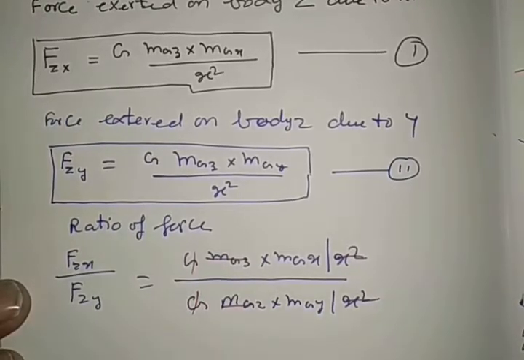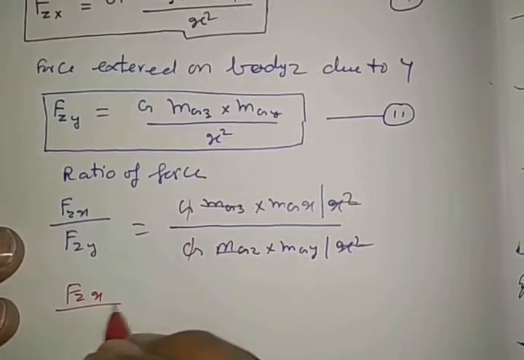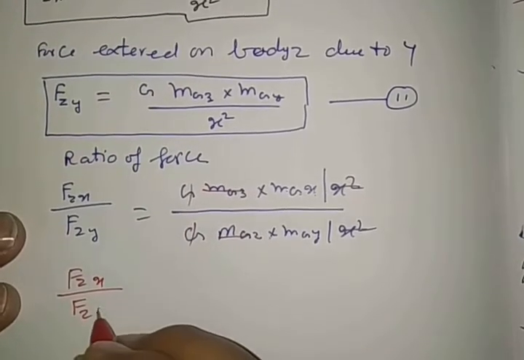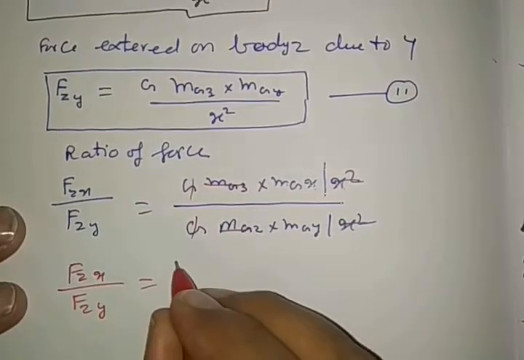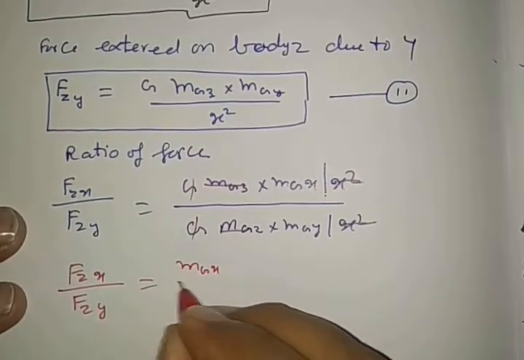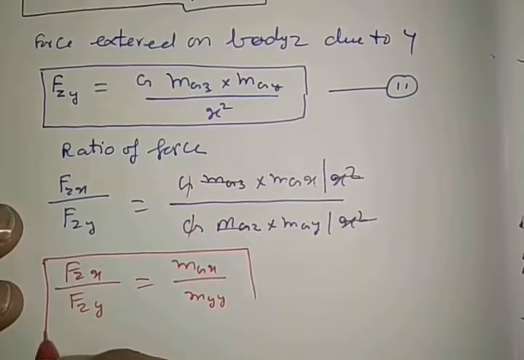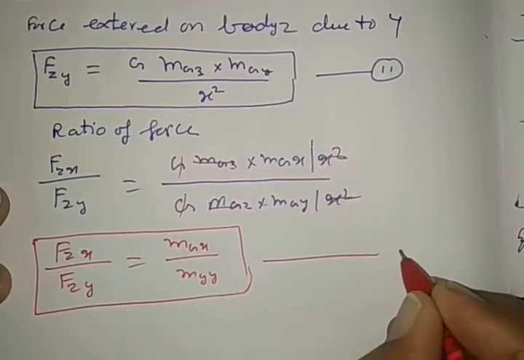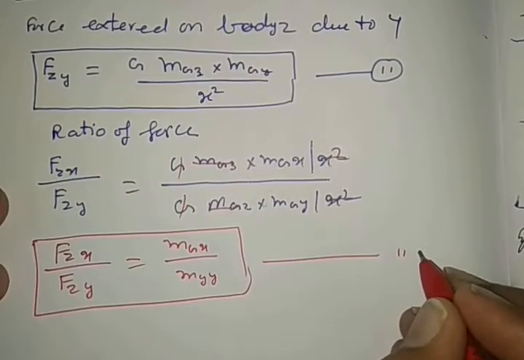So in that condition, the ratio between the gravitational forces is the ratio of their gravitational masses, through which the forces are acting on the same body Z.